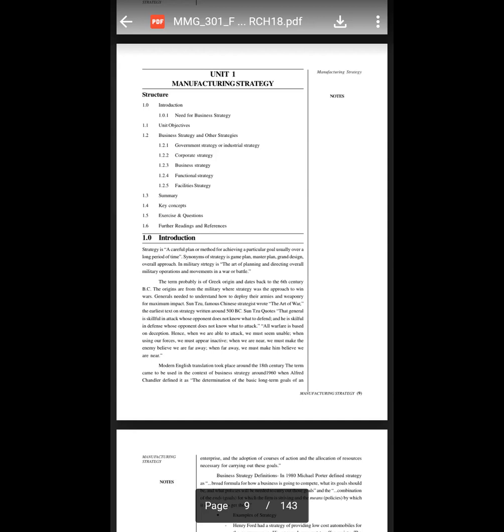So a strategy is a careful plan or method for achieving a particular goal, usually over a long period of time. If you have any plan in your life and you put that plan into reality, definitely you are going to achieve it.